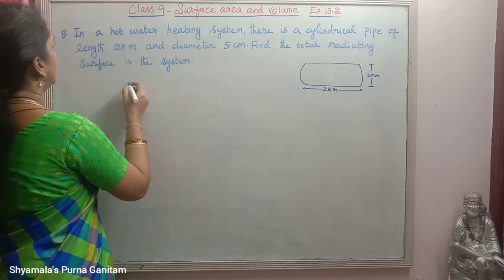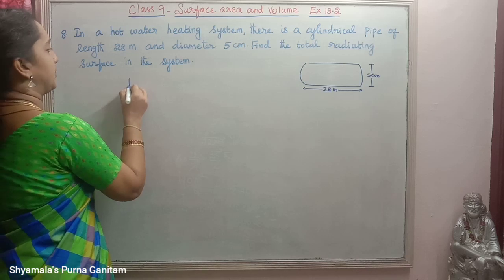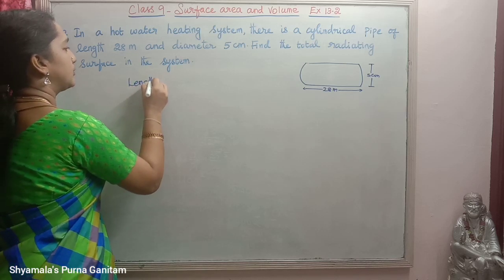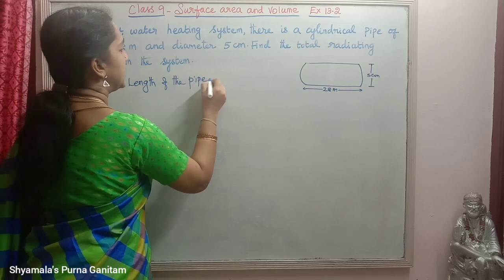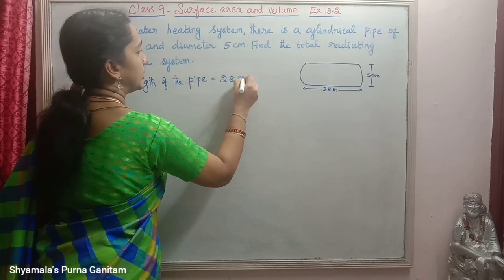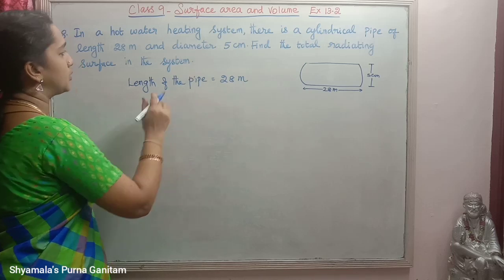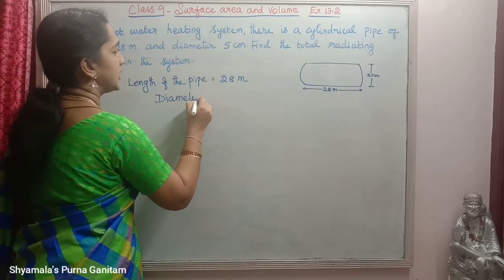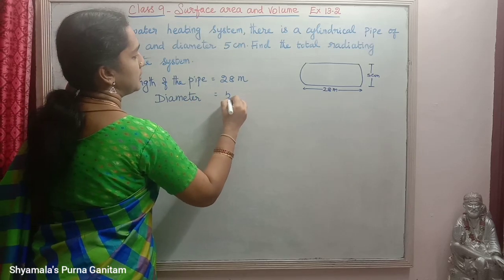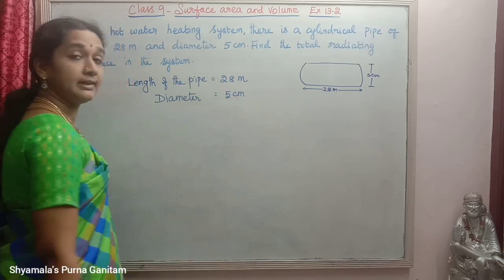So the length of the pipe is equal to 28 meter and the diameter is given as 5 centimeter.